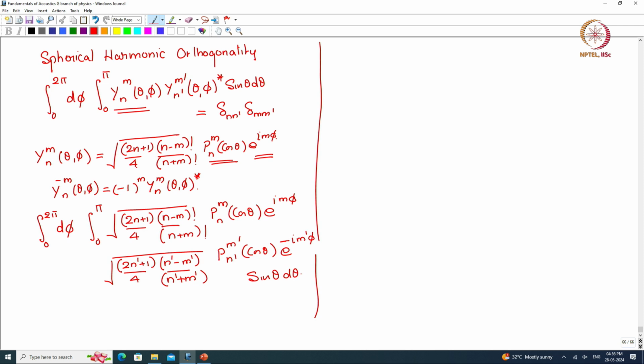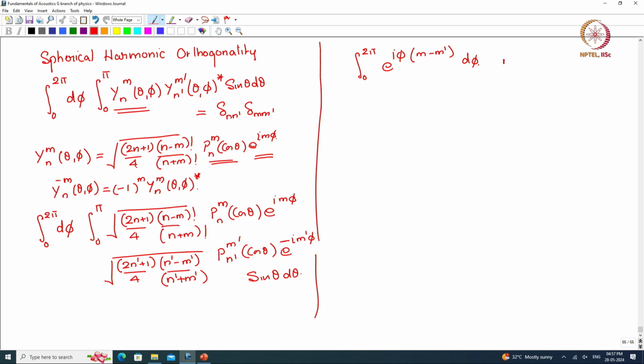So now if we do the phi integral first, d theta, d phi is already there. I have the integral 0 to 2 pi of e to the power of i phi (m minus m') d phi. Okay, so what is this equal to?